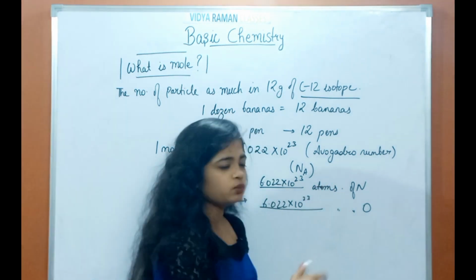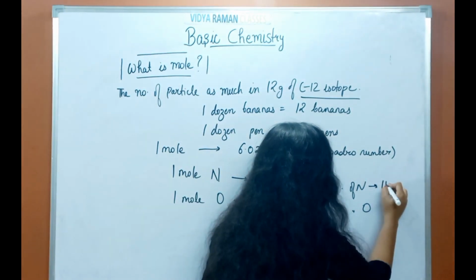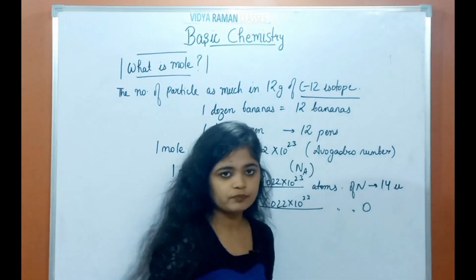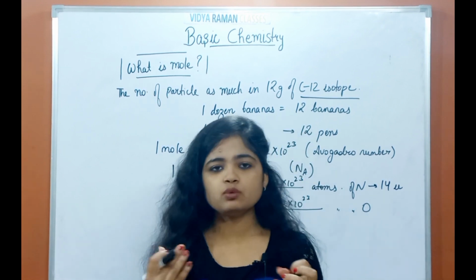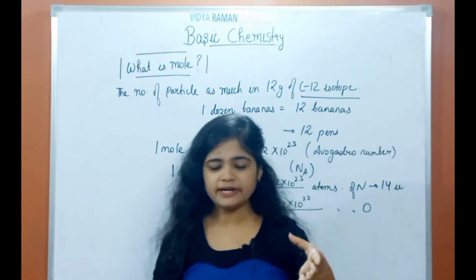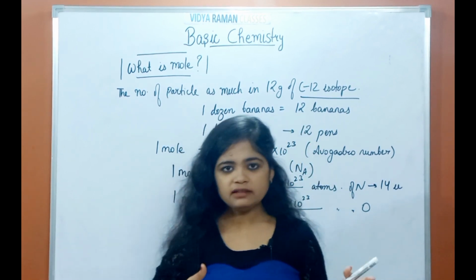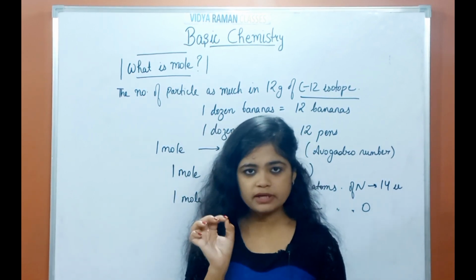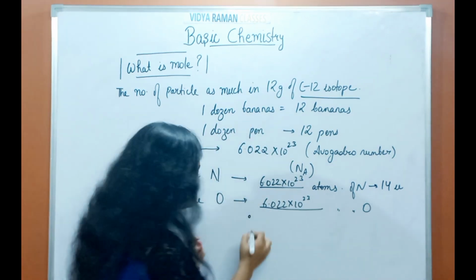If I give you this many atoms of nitrogen, it will always be 14u. Take it like this: suppose there are a few small balls, a few marbles. I will weigh that. I will say each small marble is representing a nitrogen atom.